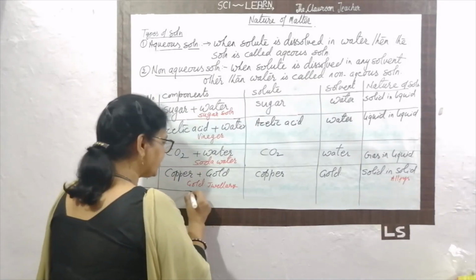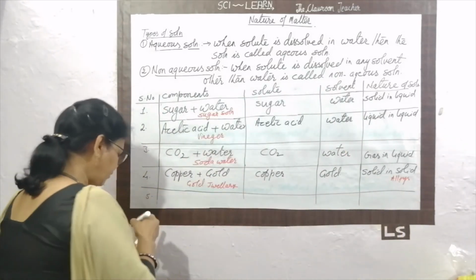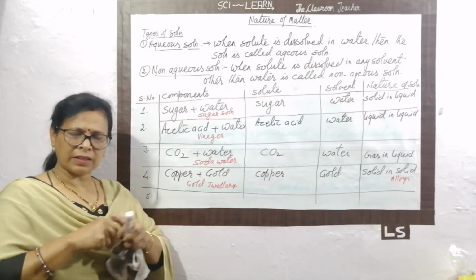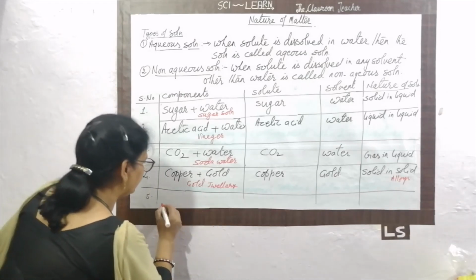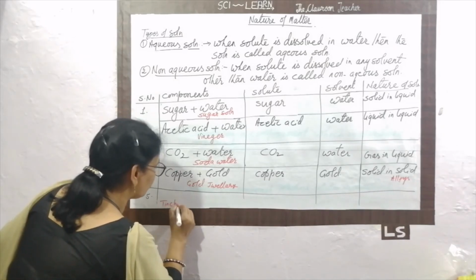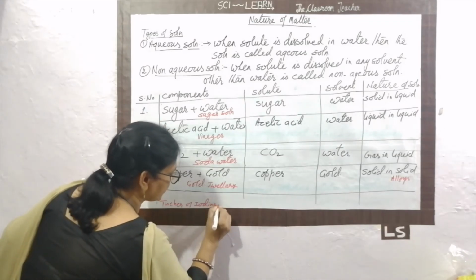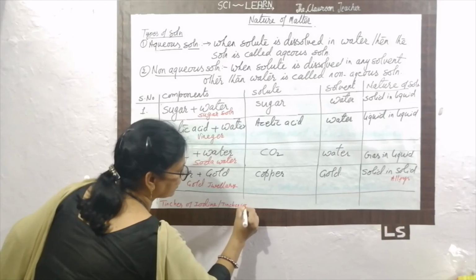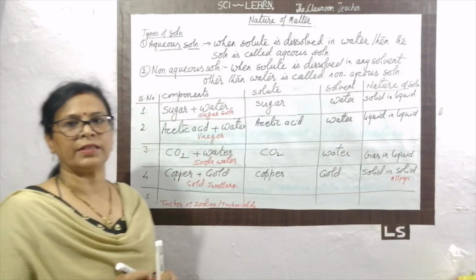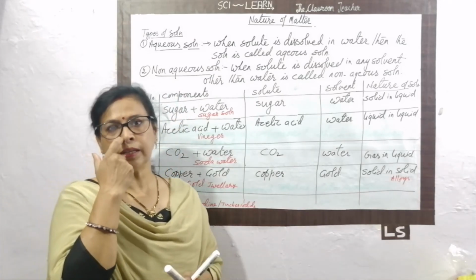One more interesting example is a chemical that we call the tincture of iodine, or tincture iodide. This is the common name for this substance.